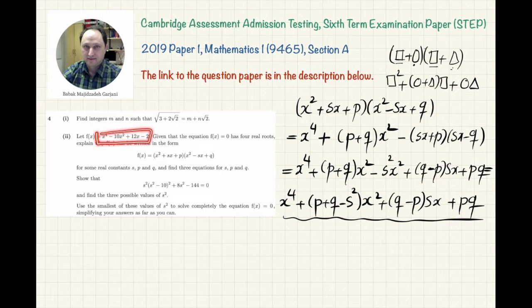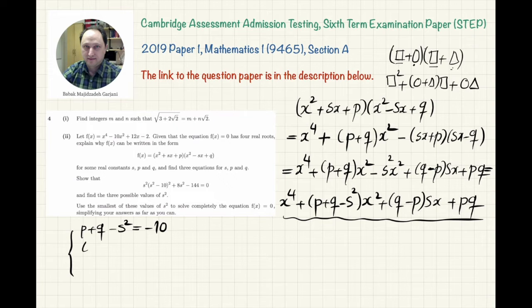Then I want this to be identical to the given function. So x to the 4 is already there, but the coefficient of x squared should match the coefficient of x squared in the given function, which is negative 10. So it implies that I have these equations. Let me write it as a system. I have p plus q minus s squared equal to minus 10.